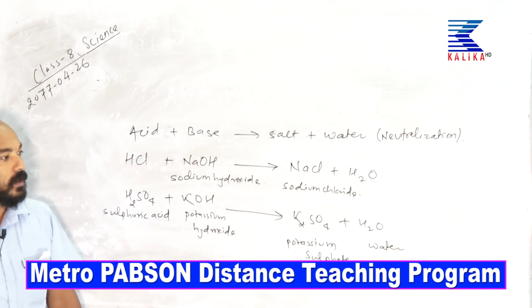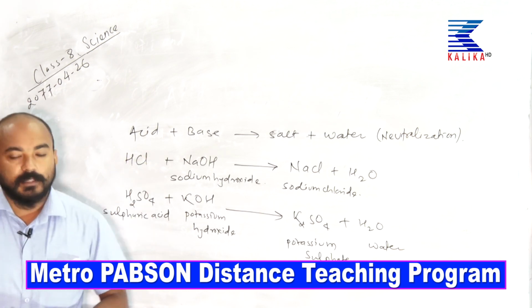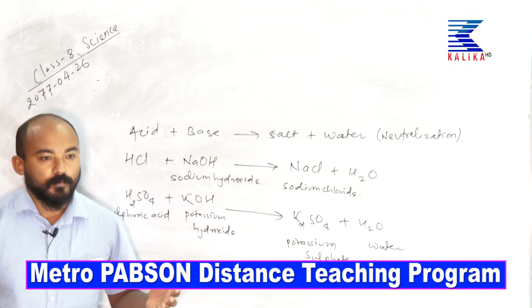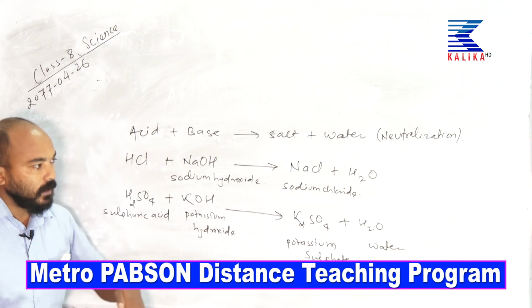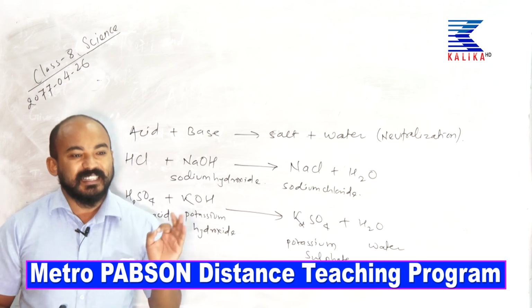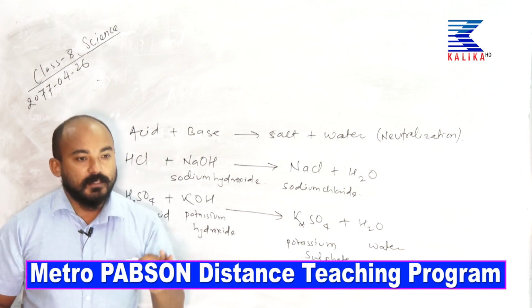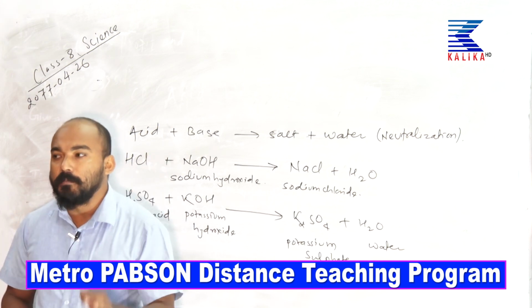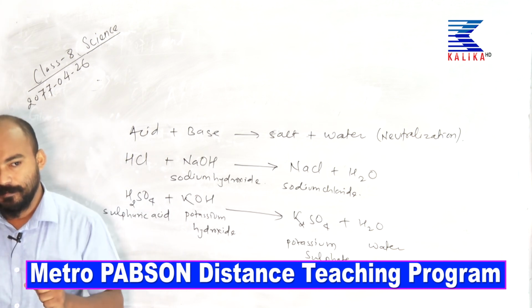The other property is that acid reacts with base to form salt and water, and another one is that acid gives hydrogen ion. We already discussed this. Acid, when dissolved in water, must form H plus ion.